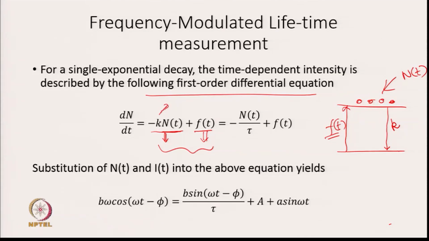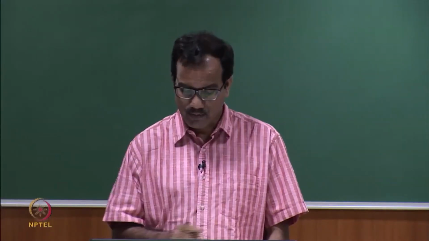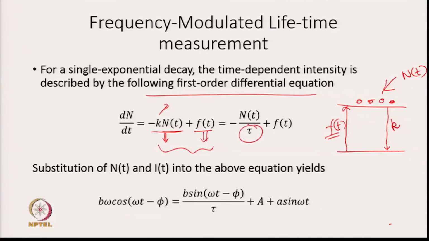We know that this rate constant is equal to 1 by lifetime, and that is what we have written here. So, K is equal to 1 by tau. So, this equation dN by dt can be written as minus N(t) divided by tau plus F(t). Now, if you remember, N is given by B plus B sin(omega t minus phi).